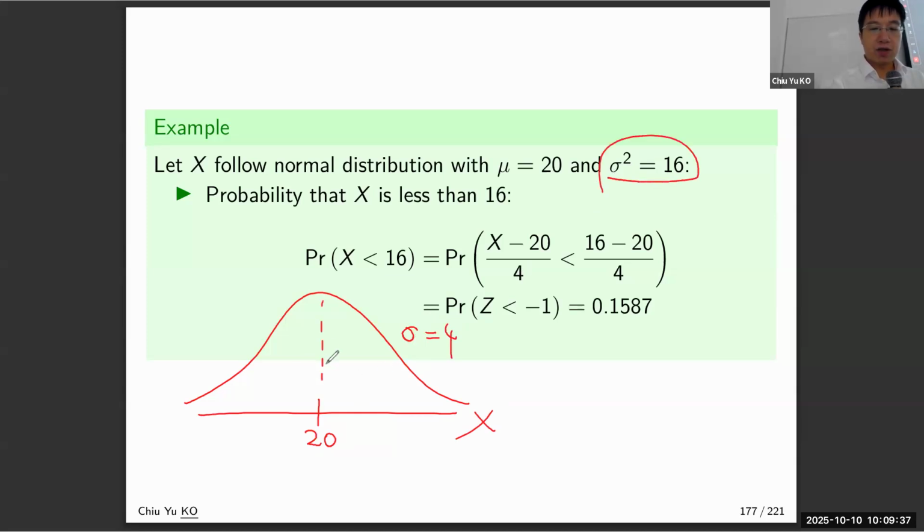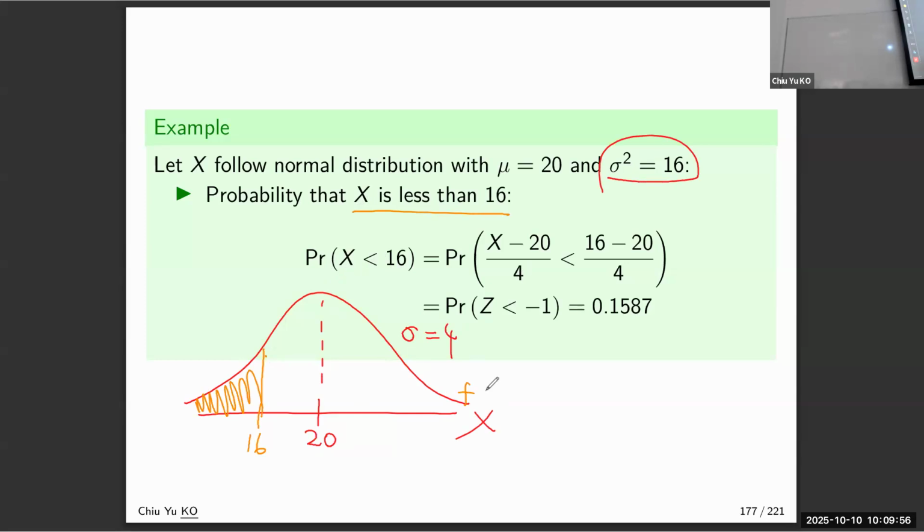The bell curve is like this. The question is asking, what is the probability of X less than 16, this area, this F.